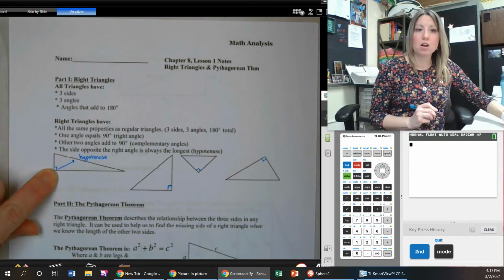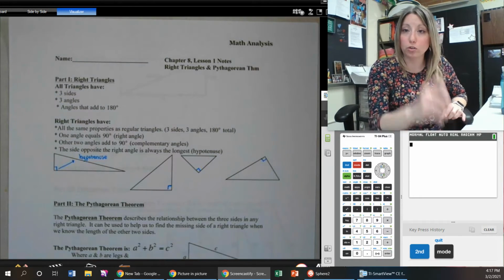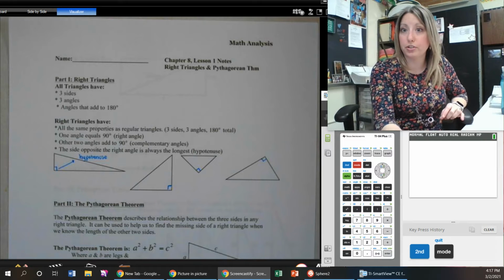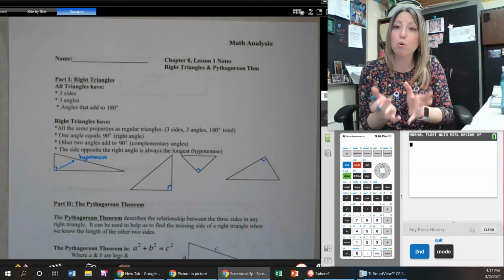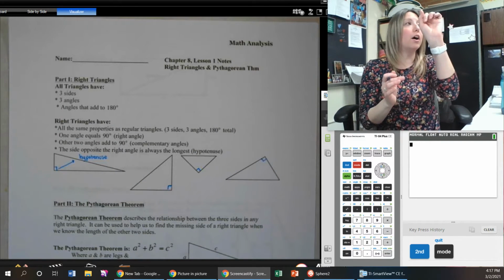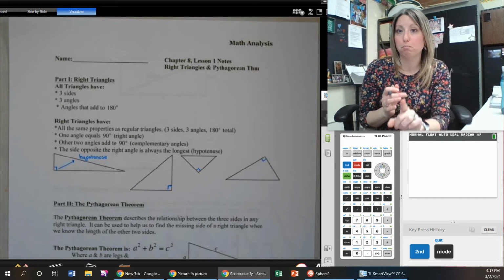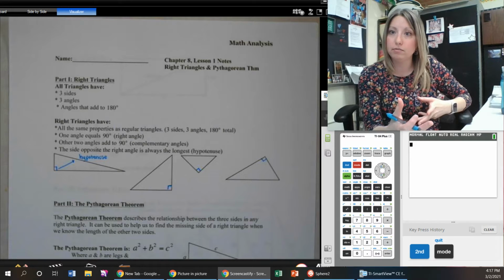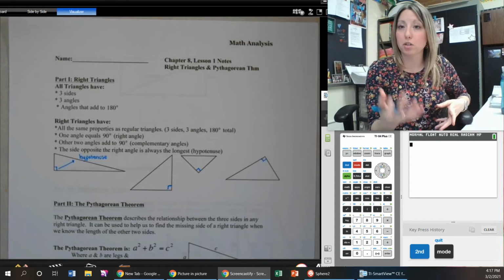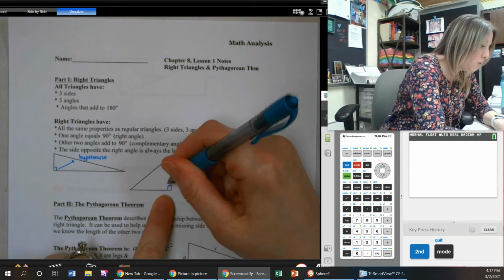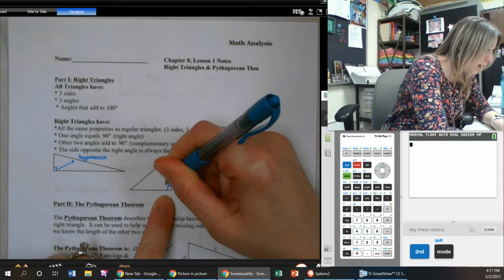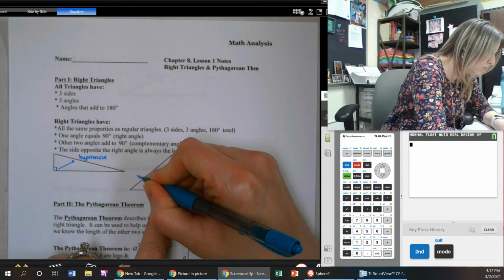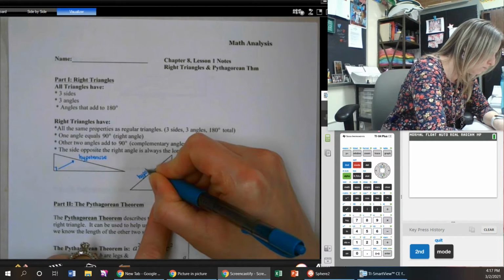Okay. So the side across from the largest angle is the largest side. The angles are in proportion to the sides they're across from. So the smallest angle is across from the smallest side. The largest angle is across from the largest side. So if you have a right triangle, then the largest angle has to be your right angle.